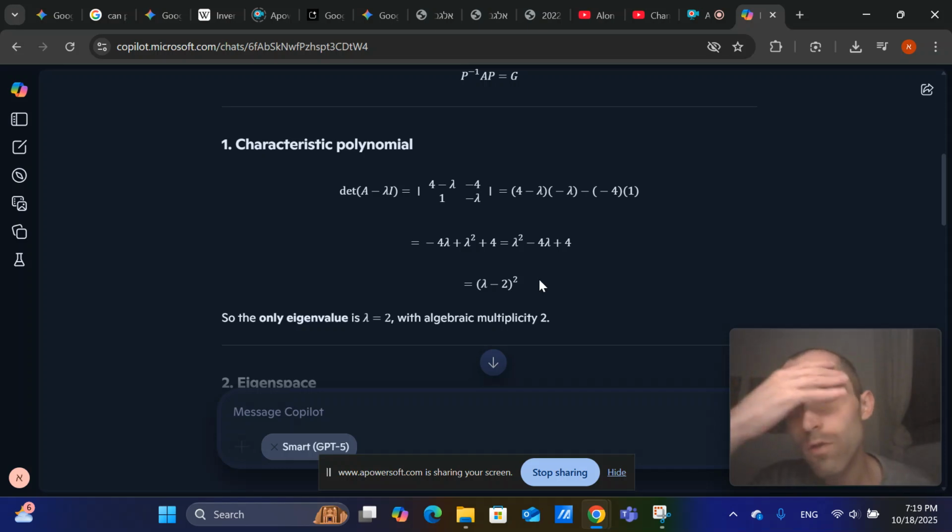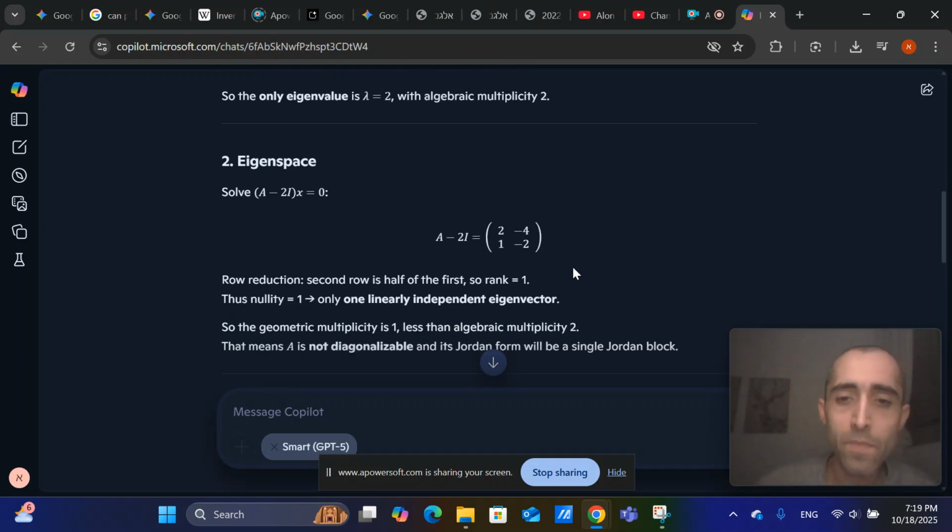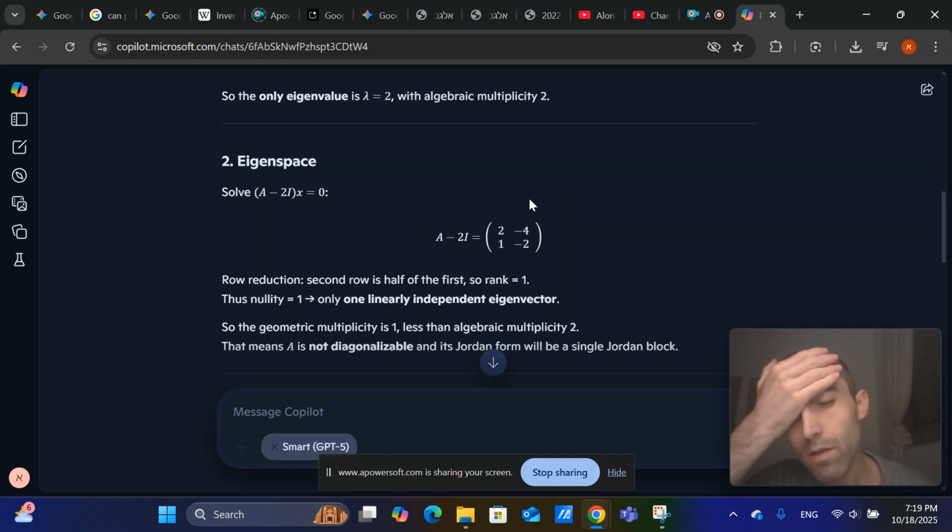We have an eigenvalue of 2 with algebraic multiplicity of 2. Now if we look at the eigenspace of this eigenvalue, we will get that the rows are linearly dependent. So the rank of this matrix is 1. Therefore, we have only one eigenvector for this eigenvalue, namely the geometric multiplicity of this eigenvalue, lambda equals 2, is just 1.